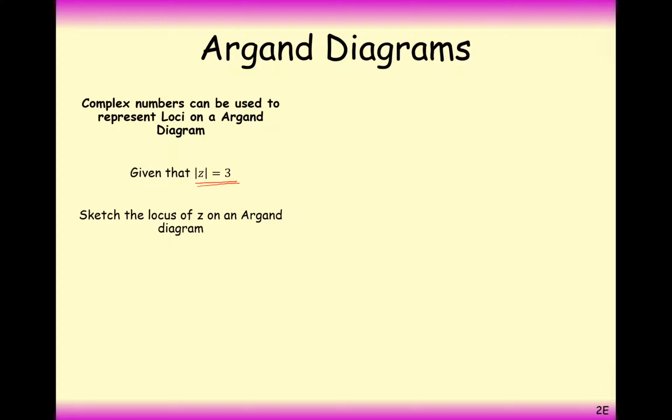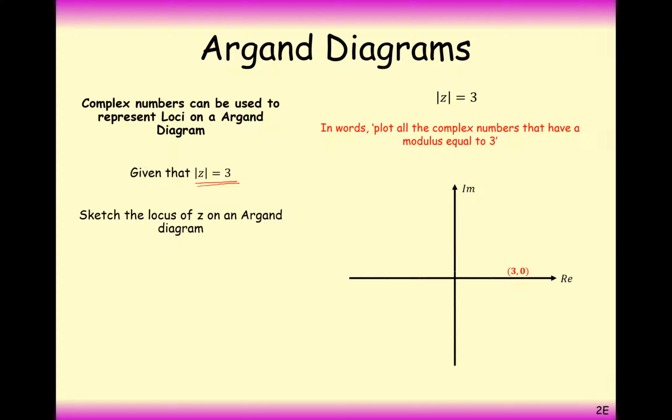Remember, the modulus 3 represents the distance from the centre to the complex number, which is 3. A circle provides that property, where the distance to the centre around any point around that object is 3. So what we're going to get is a circle that looks roughly like this.